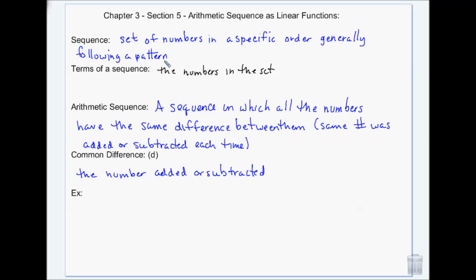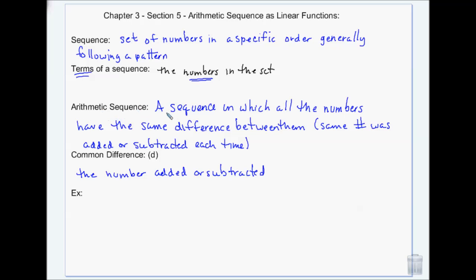In a Fibonacci sequence, each new number is the two before it added together. Maybe the pattern is multiply by 2 and then add 1. Who knows? But there's a pattern. The terms of the sequence are just the numbers in the set or in the series.